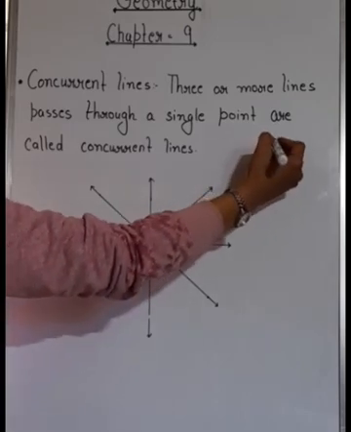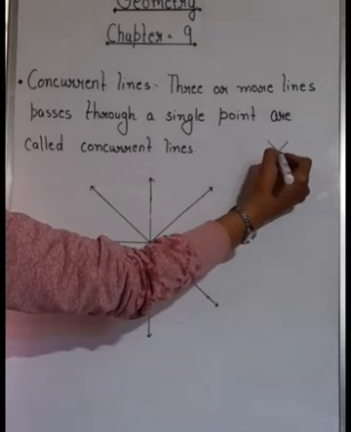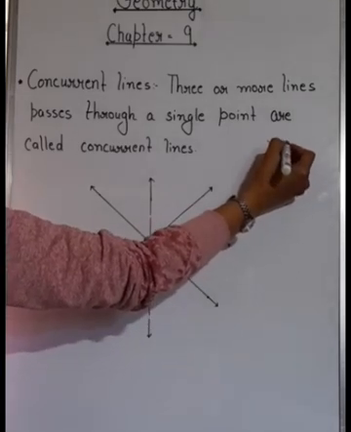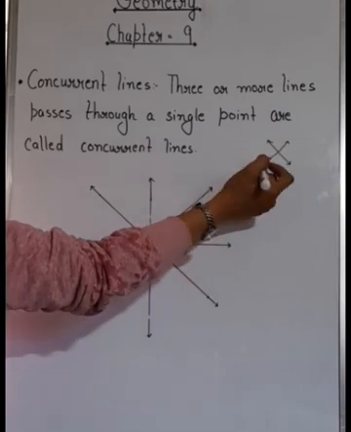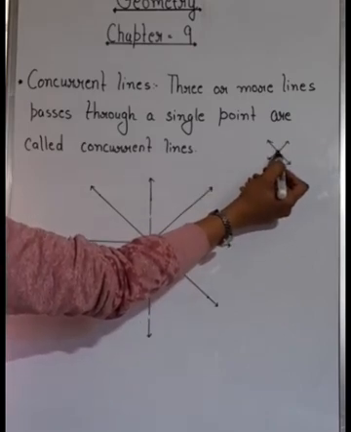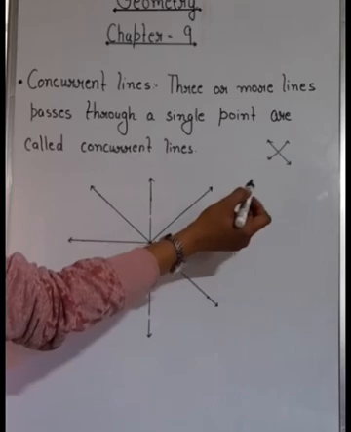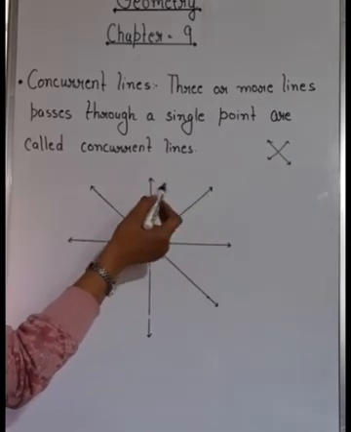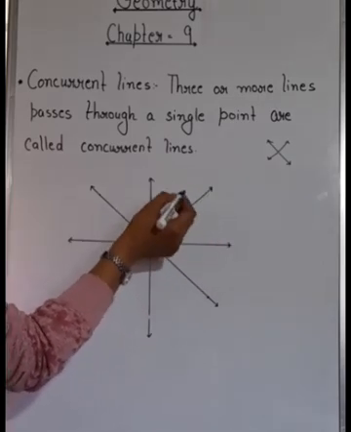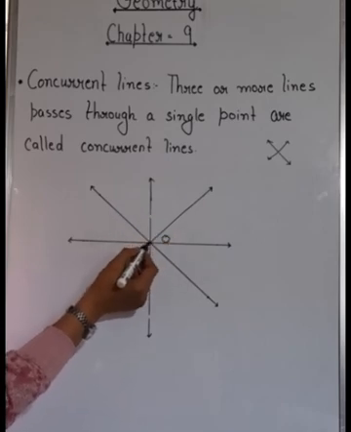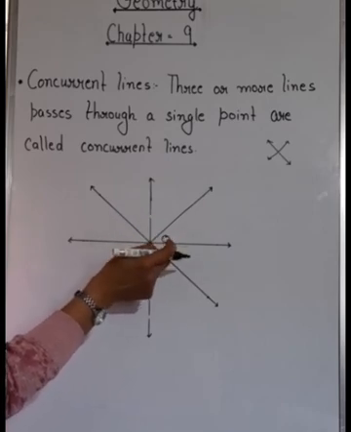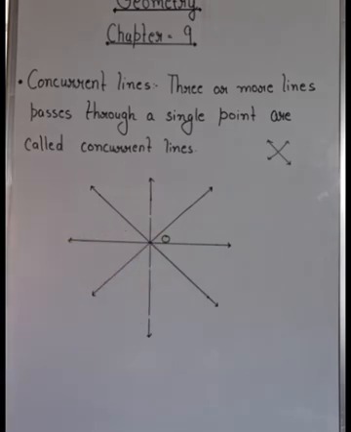Now I told you that when 2 lines meet at a point, they are known as intersecting lines. But when 3 or more lines pass through a single point, as you can see all these lines pass through a single point, then these lines are known as concurrent lines.